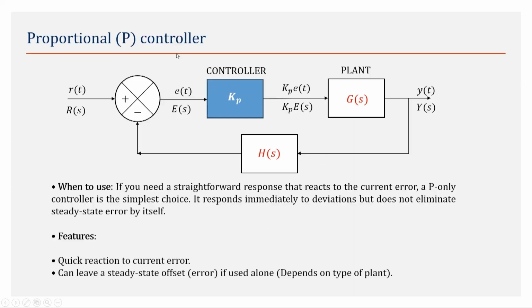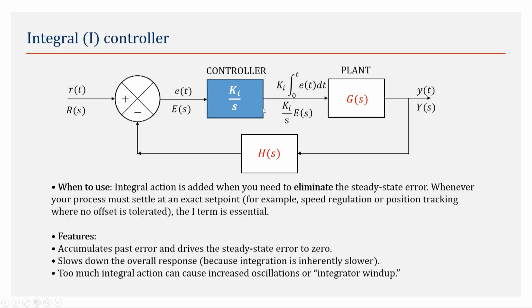So, to recap, proportional controllers were the type of controllers where the output of the controller directly depended on the error signal, which means the output of the controller is proportional to the error signal. Whereas the integral controller was a controller where the output depends upon the integral of the error signal.